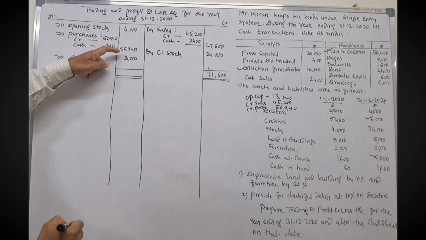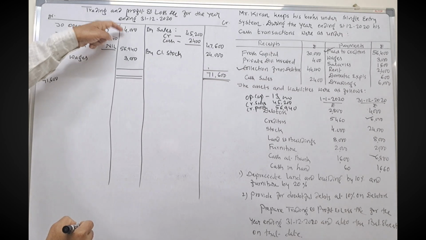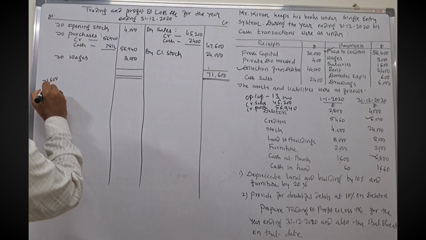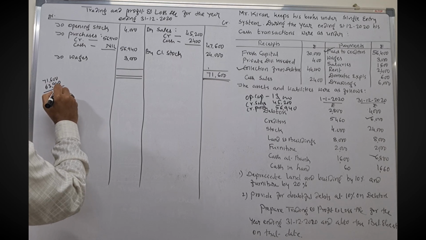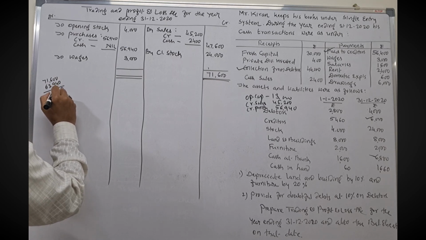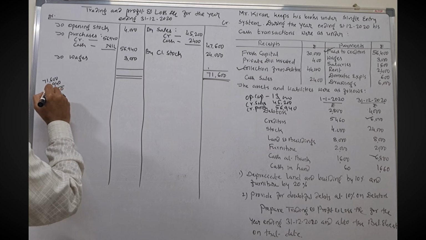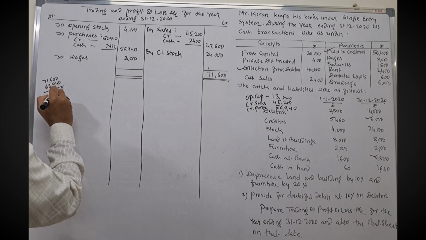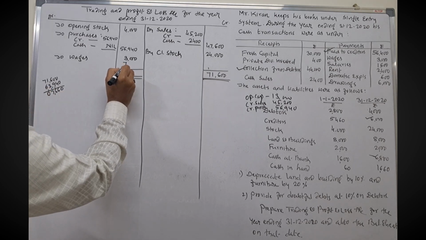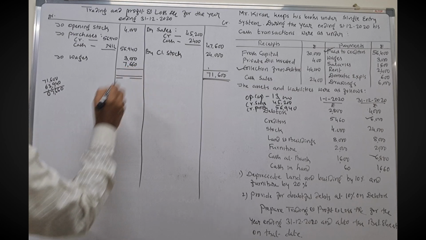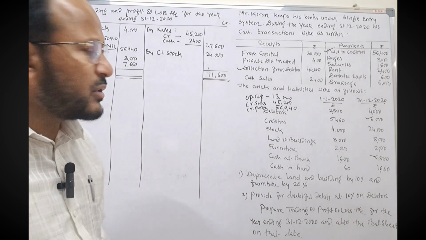This side total is 63,940. Just subtract it. 7,660 we are going to get here.